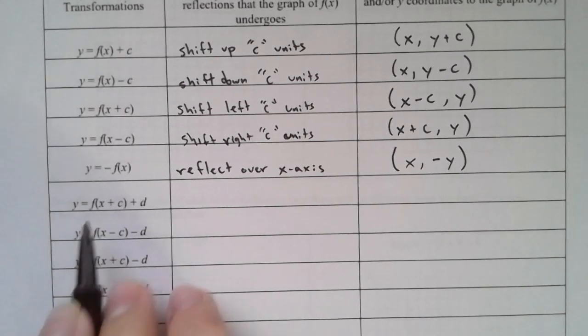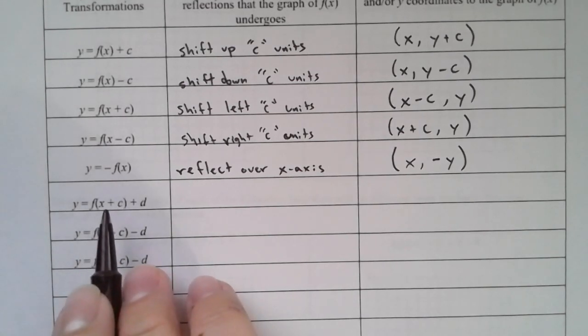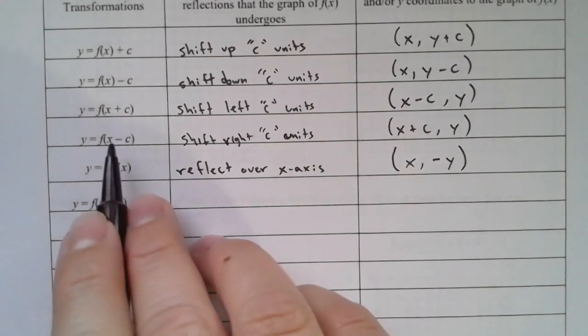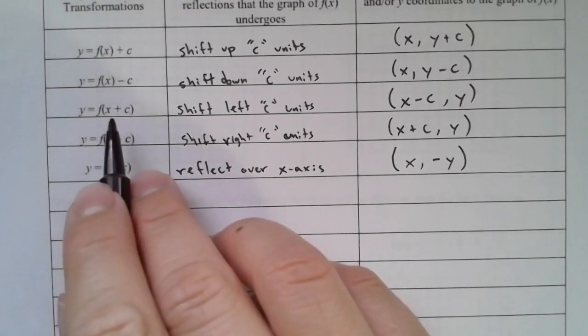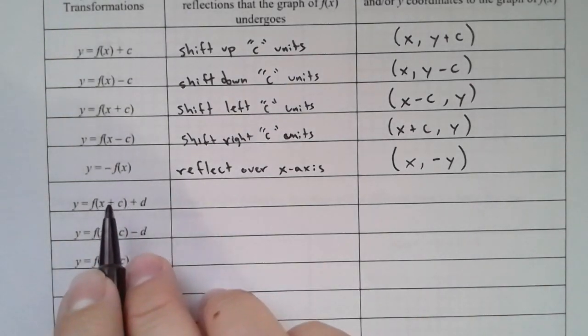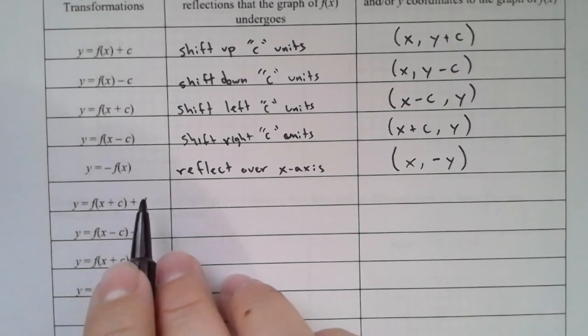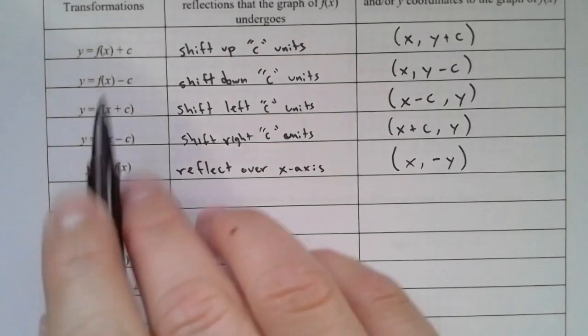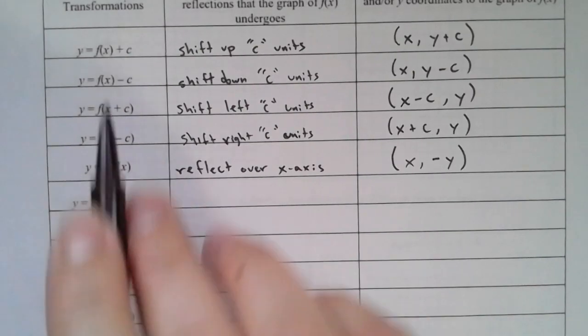The next one, what happens when you're within the function? Just like we were shifting left and right, what happens when you have that again, but this time you add something? In other words, it's a combination of these.